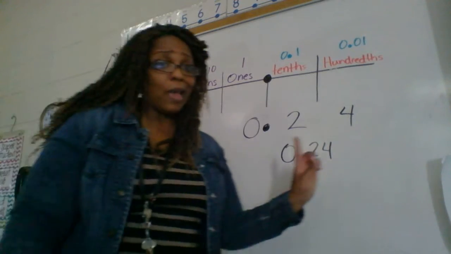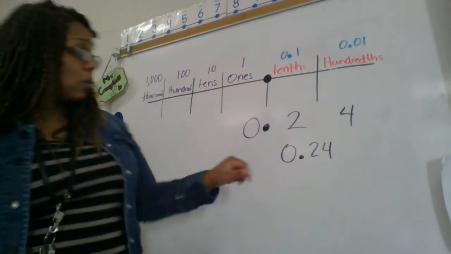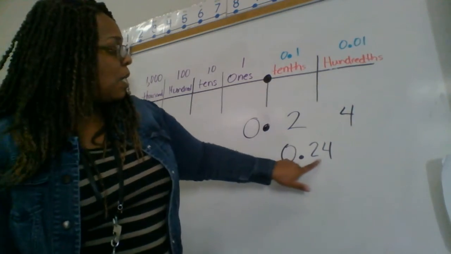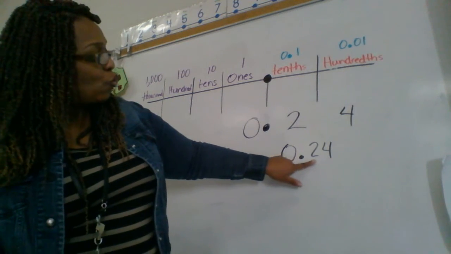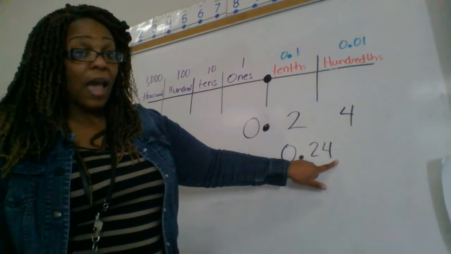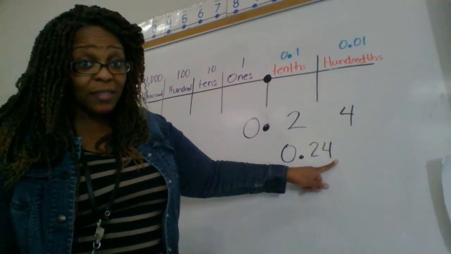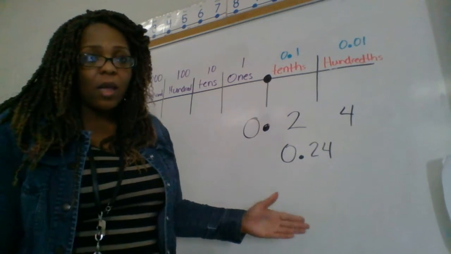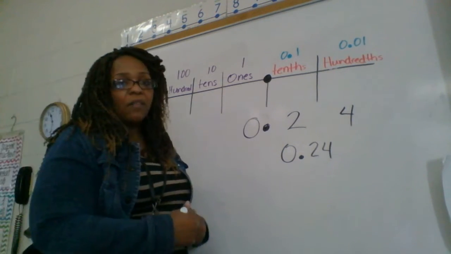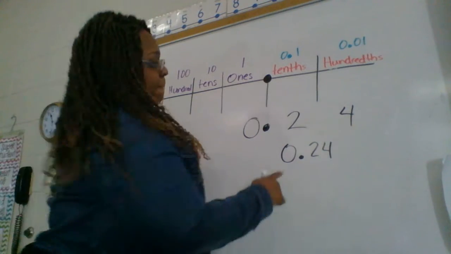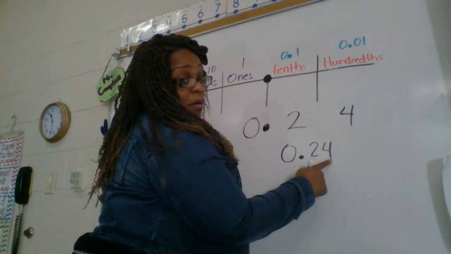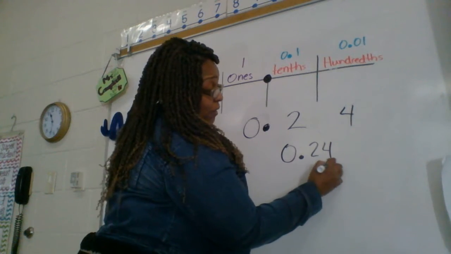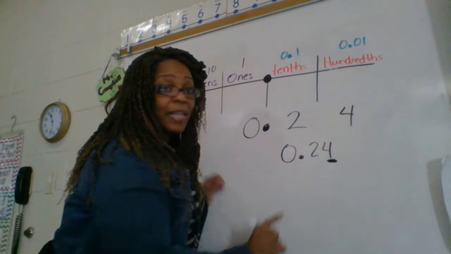All right, when we get to thousands, that is even smaller than pennies, but we're not going there. So I would still say this is 24 out of 100, like 24 pennies out of 100. I can say it that way. Think of it as money if you need to, okay? So 24, remember the 4, what place is this 4 in? Always look at the very last digit.